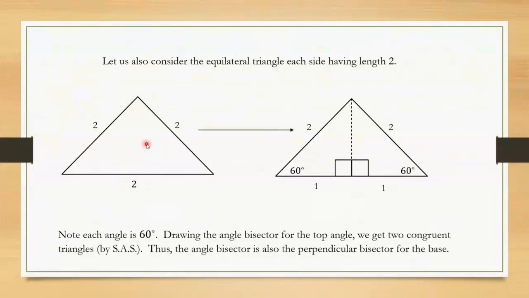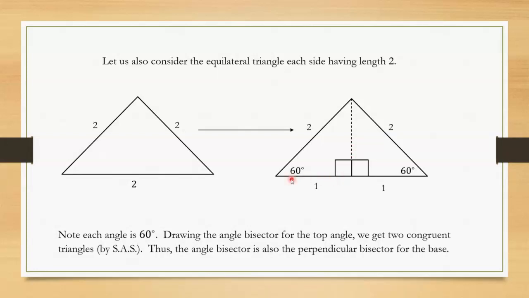But from here, what I can do is draw what's called the perpendicular bisector. That's really what I'm saying here. And by doing that, we end up forming 2 congruent triangles. These 2 triangles are congruent, so they're essentially the same.